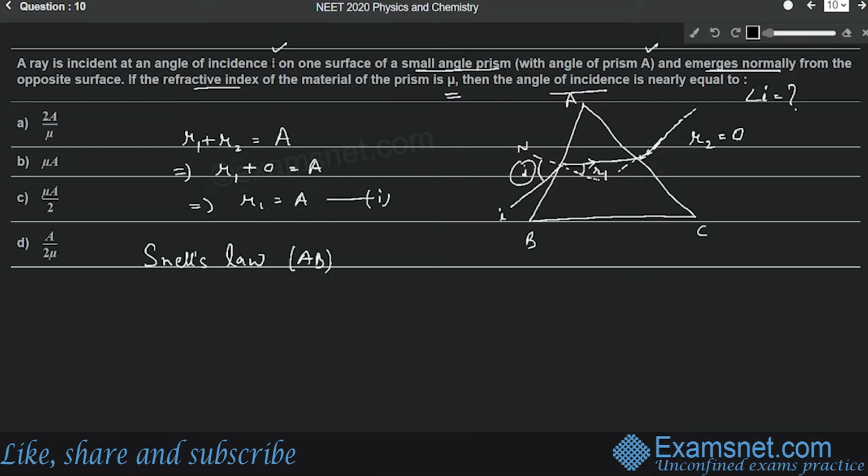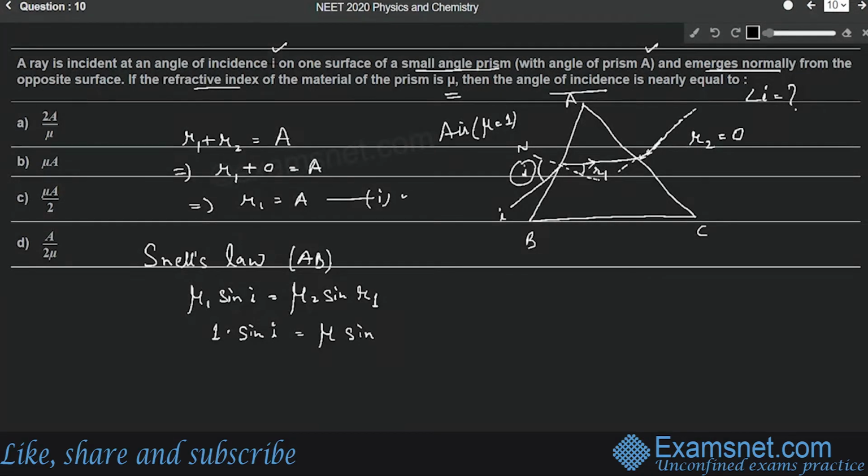Okay, so here mu1 into sine I will be equal to mu2 into sine R1. Okay, so mu1 is the refractive index of the first medium, that means air. So for air the refractive index is 1. Okay, so let's put the value 1 into sine I will be equal to mu2, that means the refractive index of the prism, that is given as mu, into sine R1.